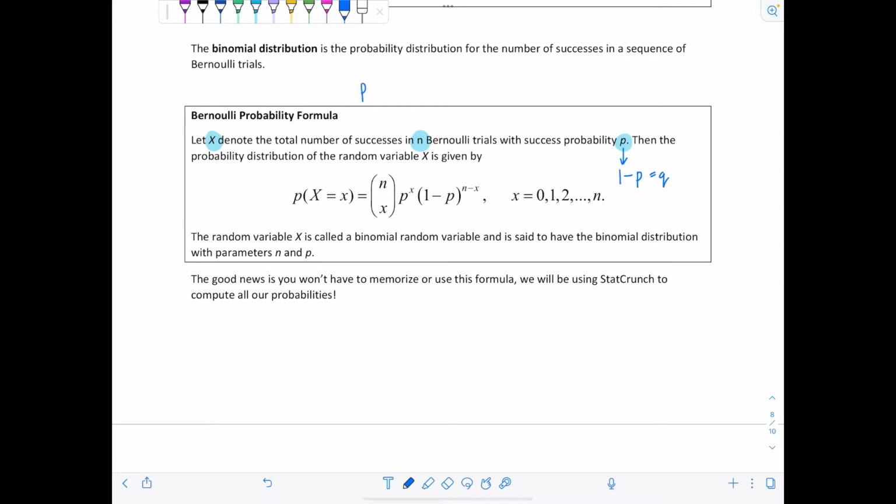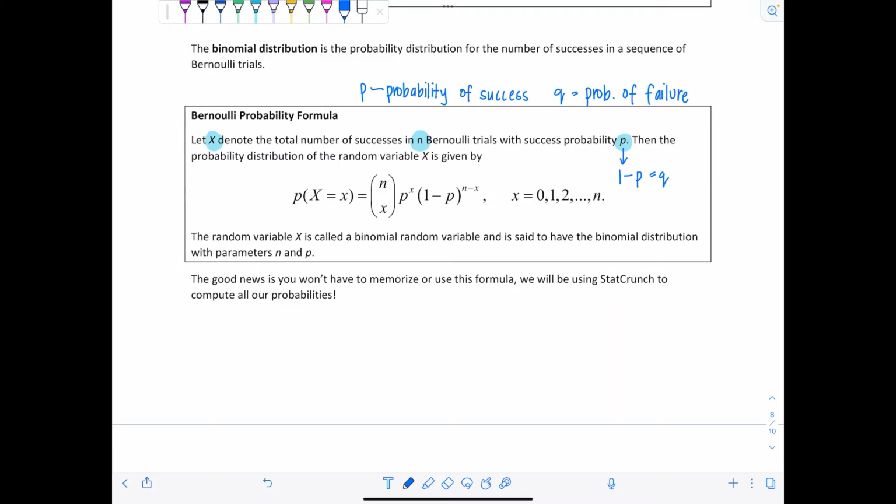So remember, lowercase p is the probability of success. And then q, which is 1 minus p, is the probability of failure. And it makes sense that q should be 1 minus p because remember, for these Bernoulli trials, there's only two outcomes. So the probability of failure is going to be 100% minus success, or 1 minus it as a decimal.